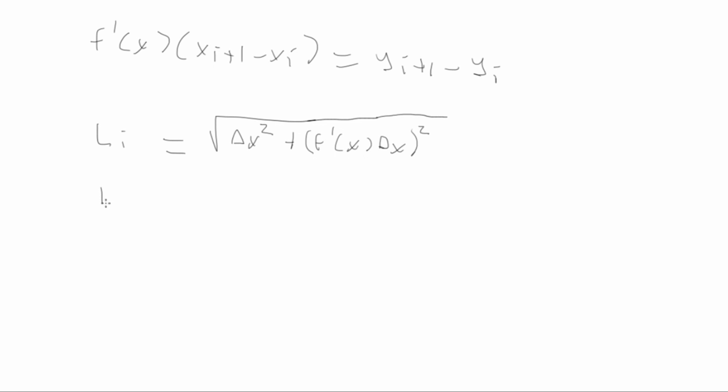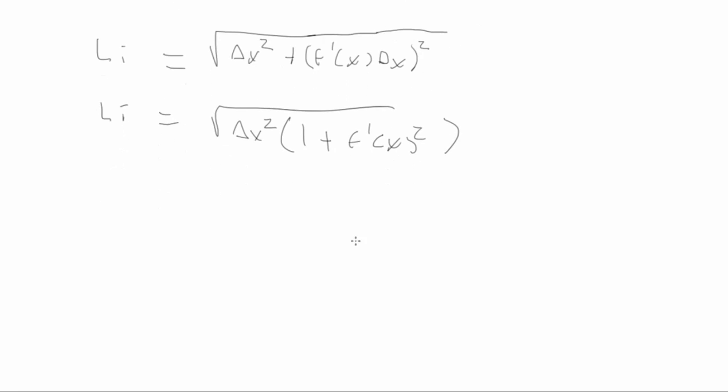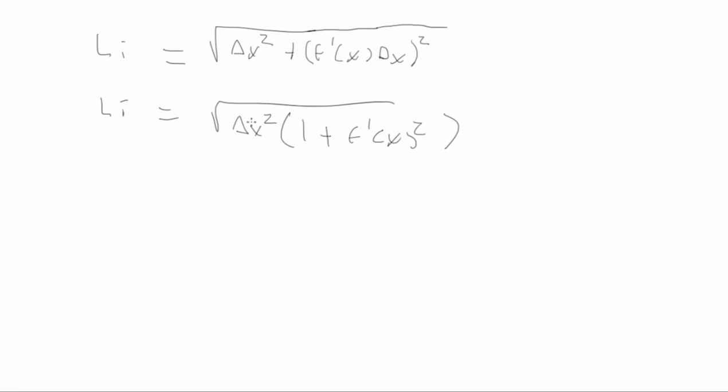So that becomes the square root of delta x squared times 1 plus f prime of x squared. And so that is equal to the square root of 1 plus f prime of x squared, times delta x.